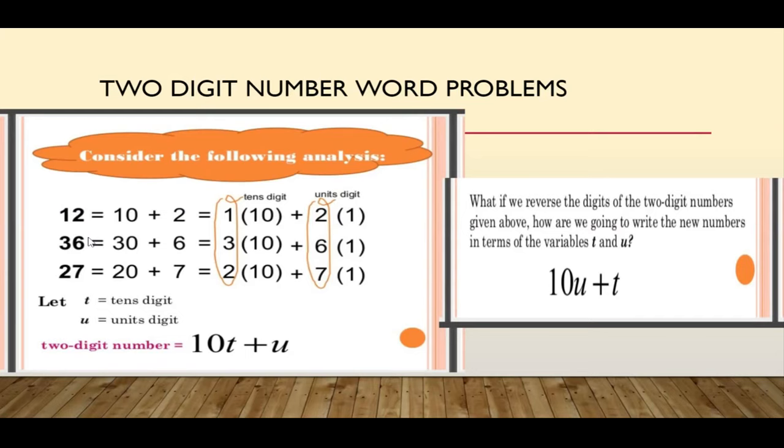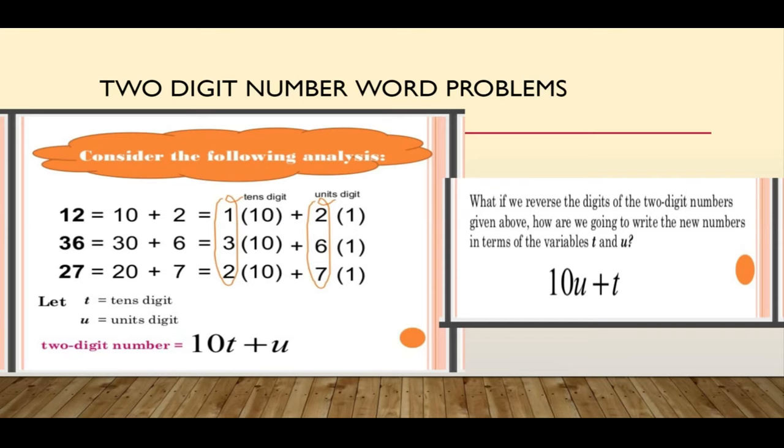12, 36, and 27. So basically 12, if I split 12 as 10 plus 2, it can be written as 1 into 10 plus 2 into 1, where 1 is the tens digit and 2 is the units digit, correct? So basically tens digit will be multiplied with 10 and ones digit will be multiplied with 1.